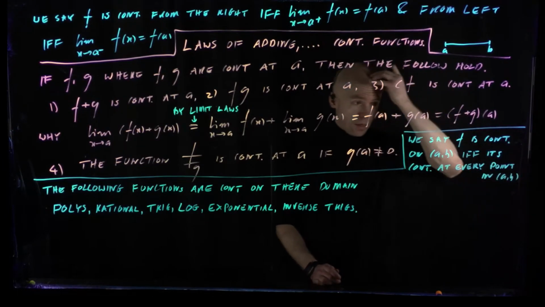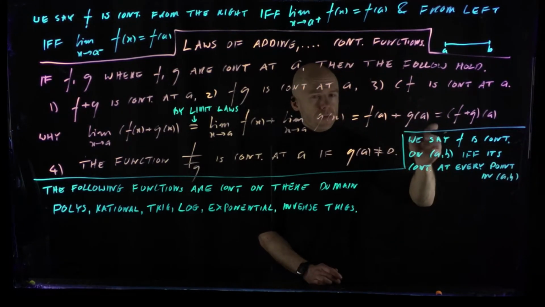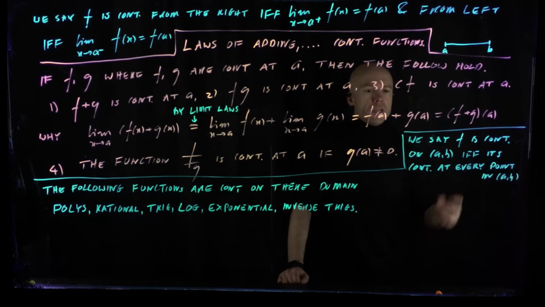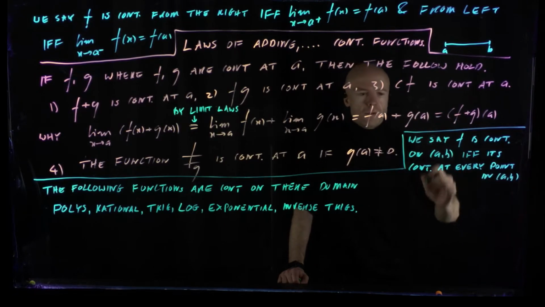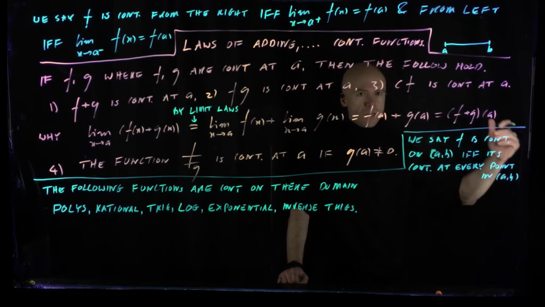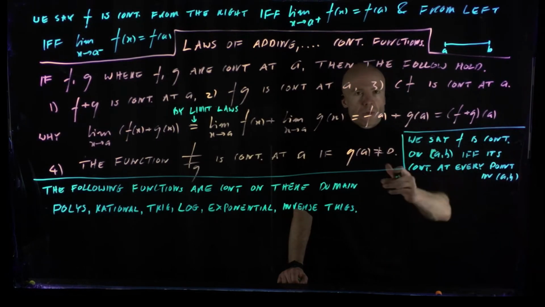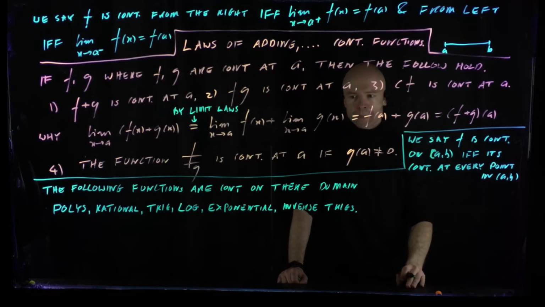And if it's a closed interval, as I mentioned before, then we can only talk about continuity at the endpoints in terms of one-sided continuity, either from the right or left. So if we have a closed interval like this, then we have to take right-sided continuity because we can only approach a from the right. Okay.